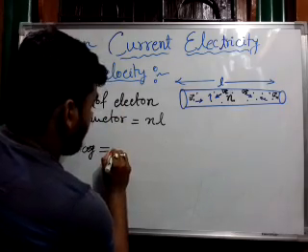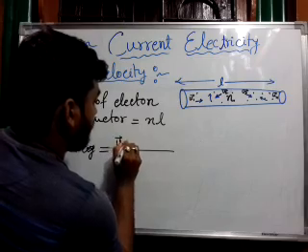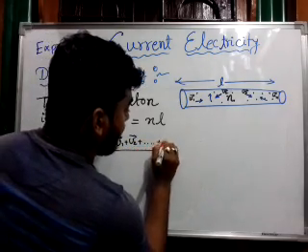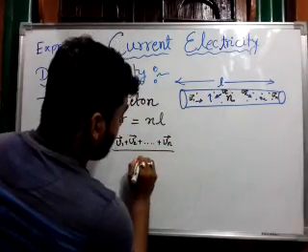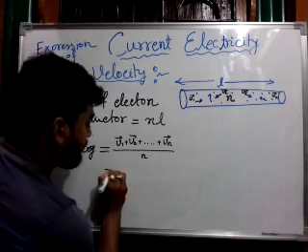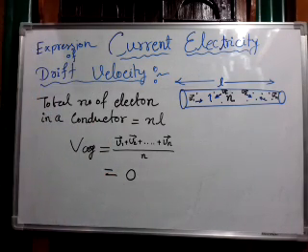Then U1 vector plus U2 vector plus up to UN vector, divided by N, comes equal to 0. Clear?